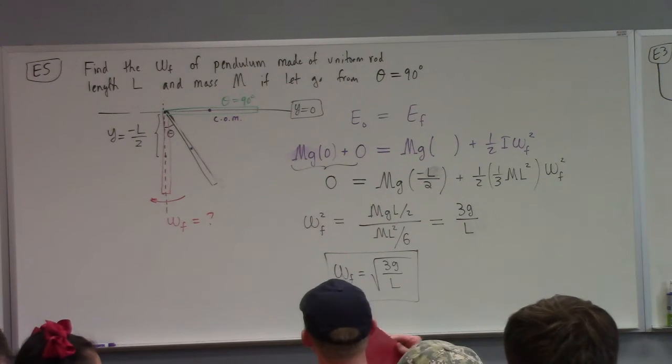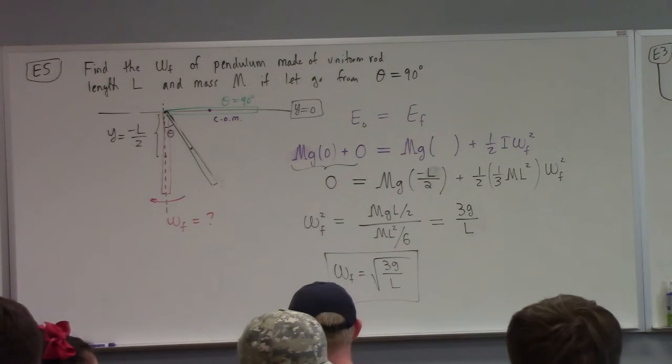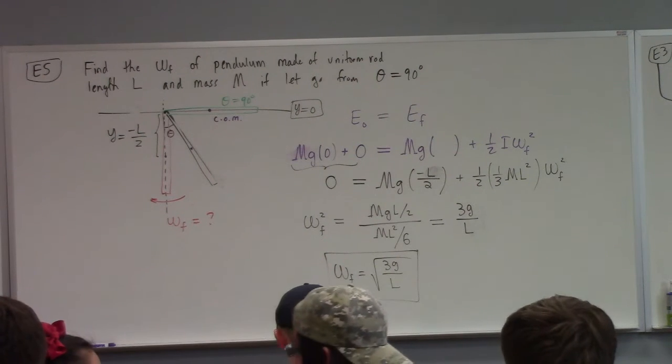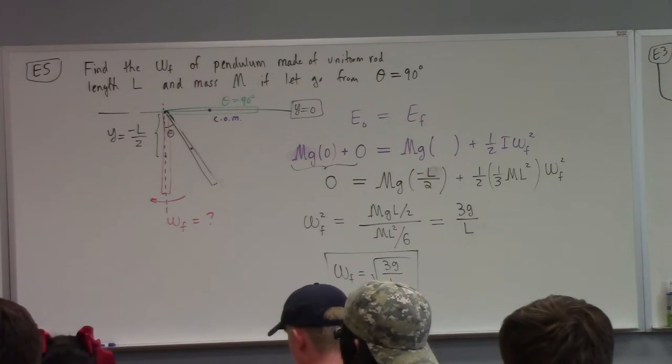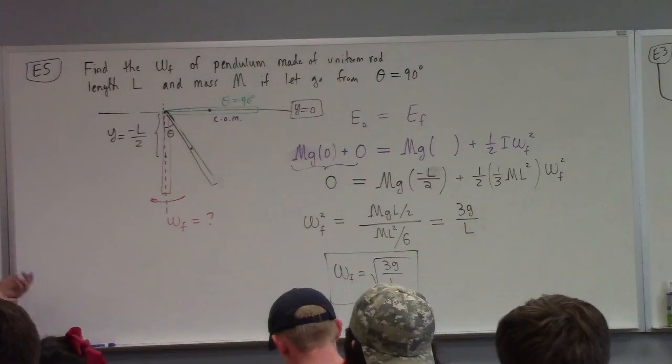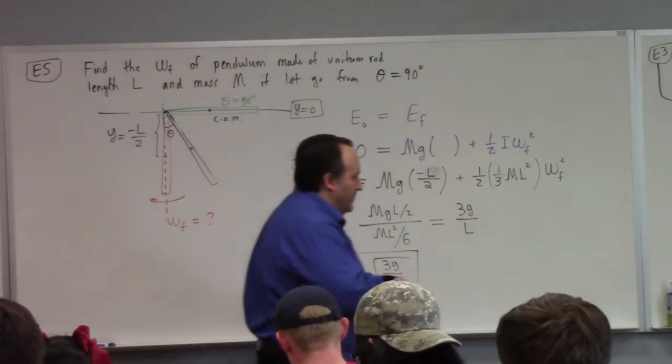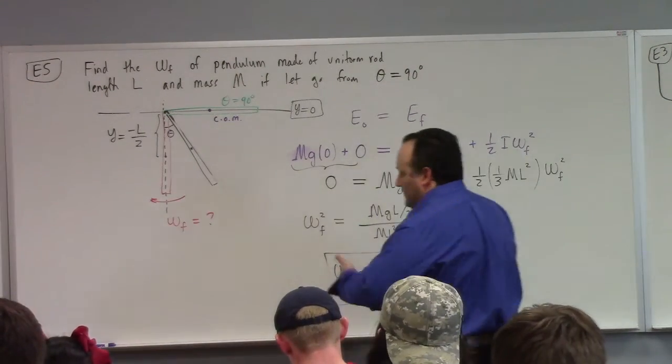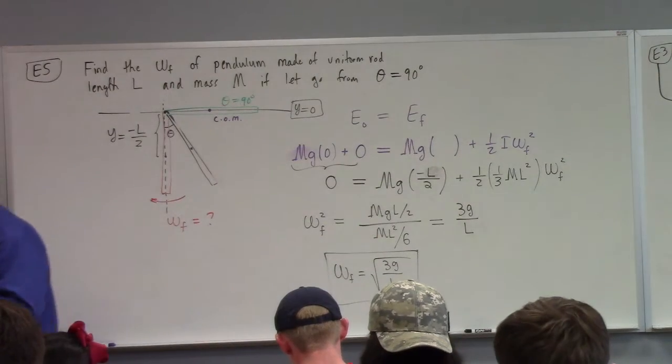If we tried to solve this problem just using Newtonian mechanics that we talked about before test 2, I don't think we would have made it here. It would have been exceedingly difficult to figure this problem out. But now it's not that hard a problem, actually, when you see how to do it, right?